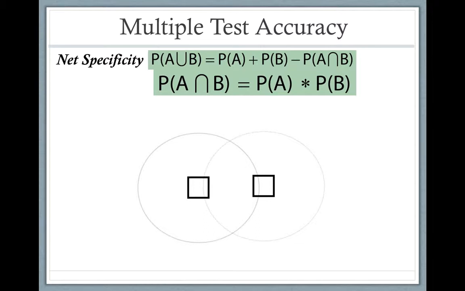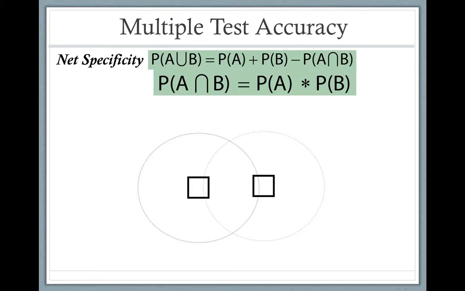So in this case, our specificity is very close to our probability. We don't have to subtract anything based on the overlap for the specificity. So in simultaneous testing, you get a net loss in specificity and a net gain in sensitivity.